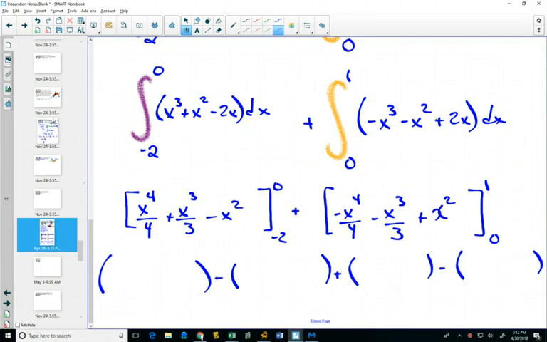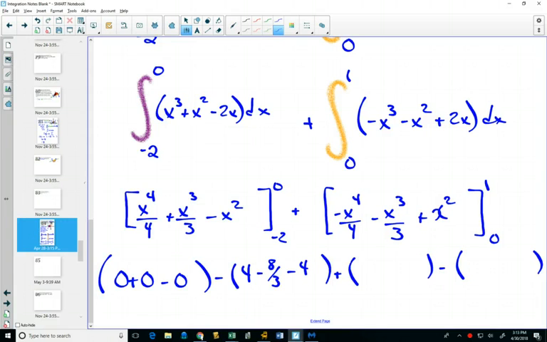It gets pretty long, right? We find space on our paper for it. I should have maybe had some values a little bit smaller, but some of them are quite easy. I didn't need to make these first set of brackets so big. Plug in 0, life is pretty good. Plug in -2: 16 over 4 is 4, minus 8/3, minus 4.